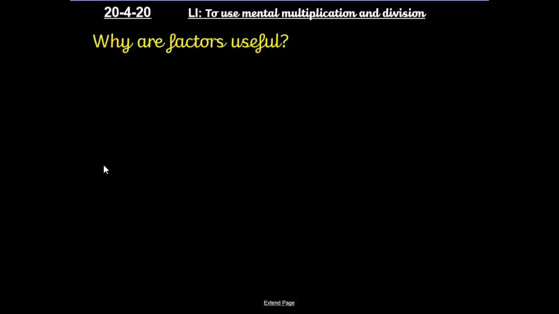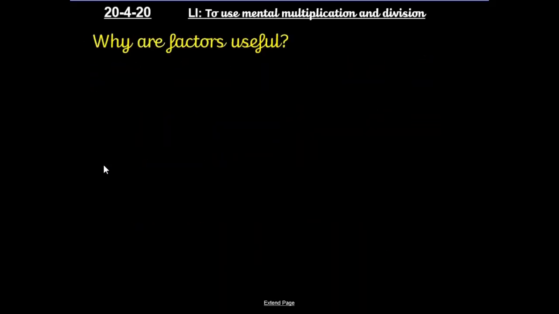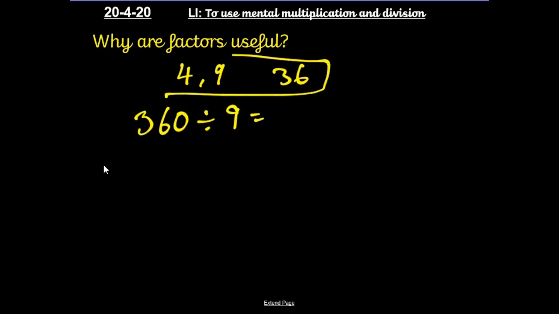Well, if you know the factors of 36 include 4 and 9, and you were asked a question like 360 divided by 9, you could use this knowledge to help you. Well, 36 divided by 9 is going to be 4, so 360 divided by 9, of course, is going to be 40, okay? So using these factors can be really helpful, okay?